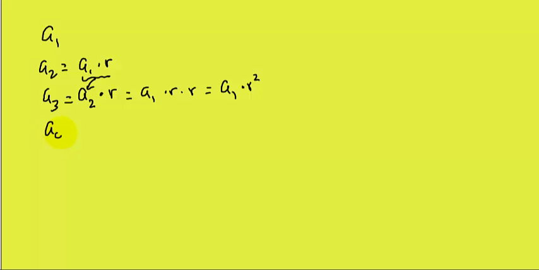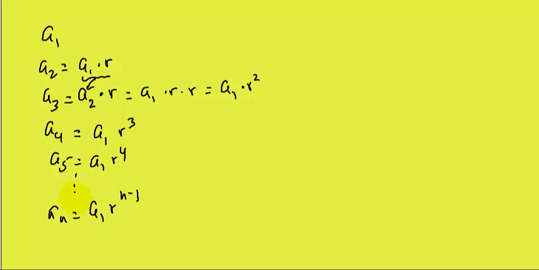And then a sub 4, you see a pattern already, a sub 4 is going to be a sub 1 r to the third, a sub 5 is going to be a sub 1 r to the fourth, and so on. So my general formula is a sub n equals a sub 1 times r to the n minus 1. And that's my general formula for a geometric sequence.